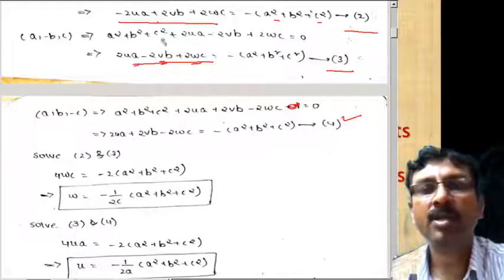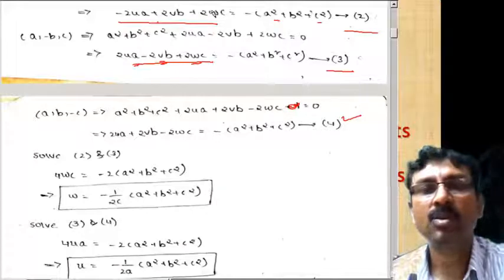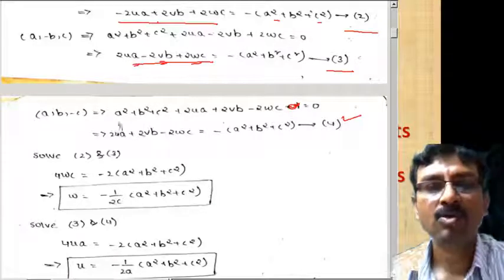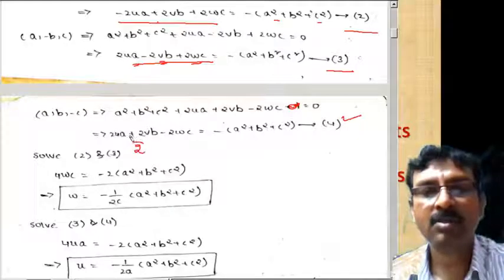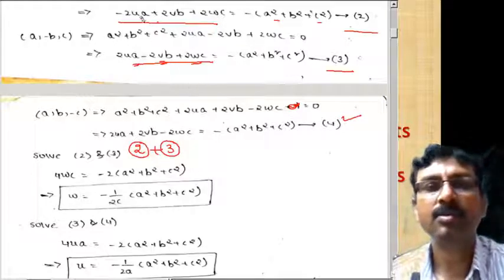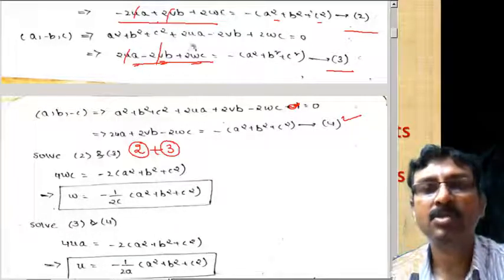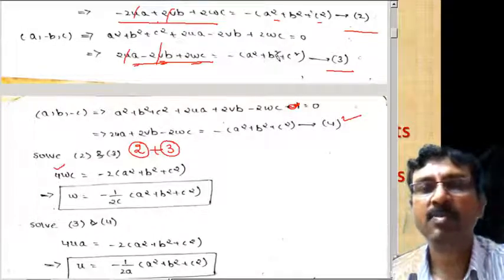If we add these two equations, the u terms, -2ua plus 2ua, get cancelled, and 2vb minus 2vb get cancelled. Only the w terms remain. So adding the second equation and the third equation, we get 4wc equal to minus of a square plus b square plus c square.